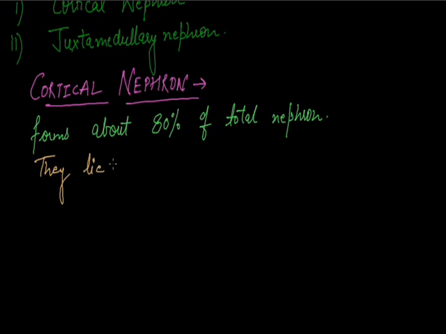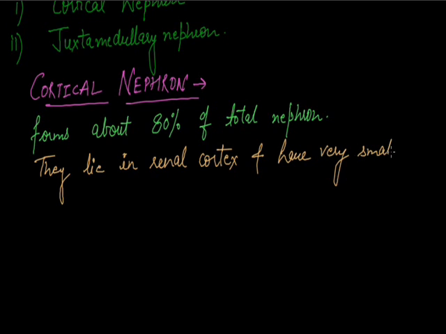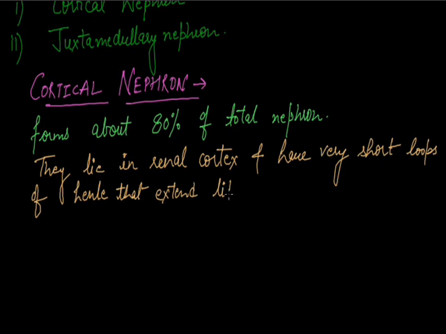They lie in the renal, that is kidney, cortex, cortical part of kidney, and have very small or short loops of Henle that extend little into the medulla, that is medullary region of kidney.